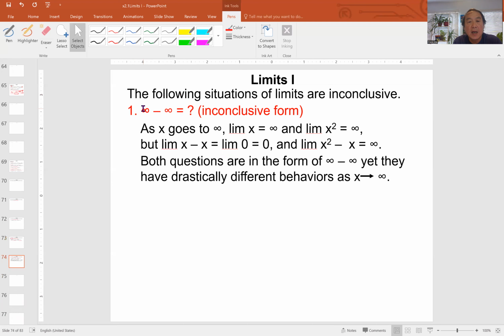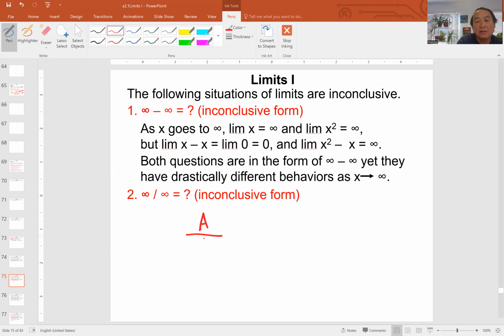You'll see that. Another place which is inconclusive is fractions. Think of a fraction a over b, where a is a sequence that becomes bigger and bigger, and b is another sequence that becomes bigger and bigger. Can we draw a conclusion? What do the quotients go to?